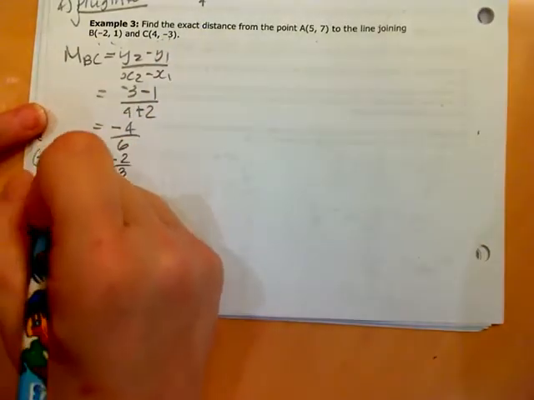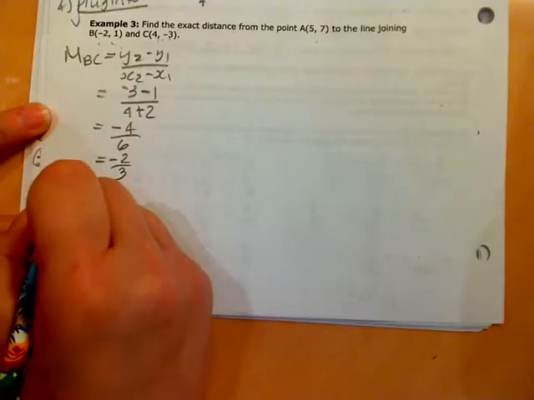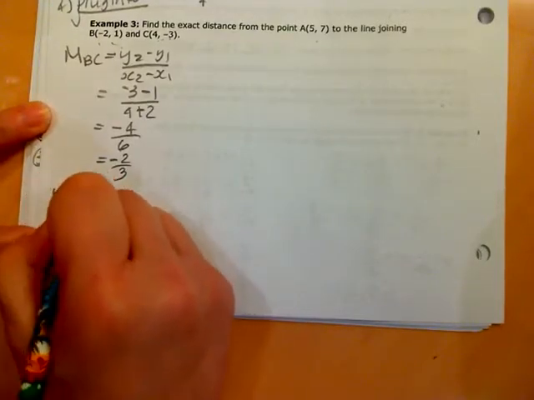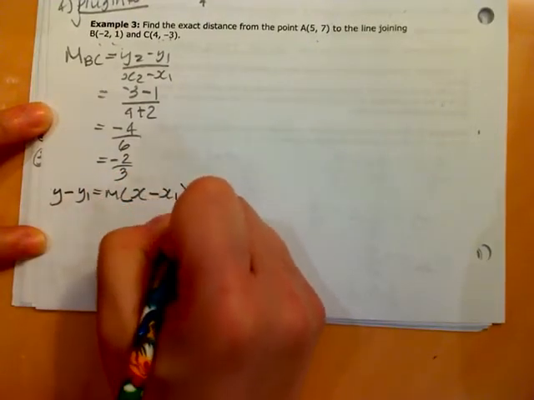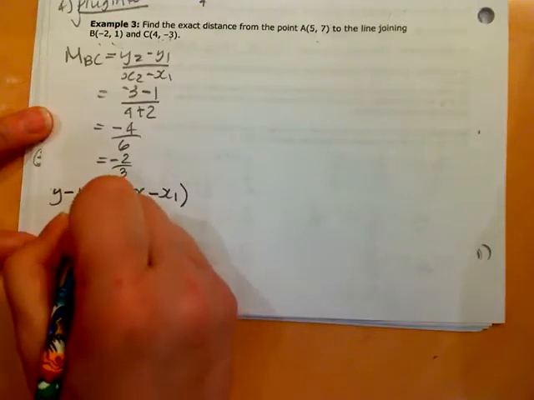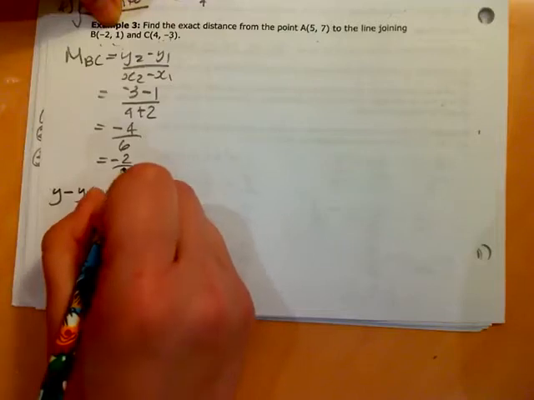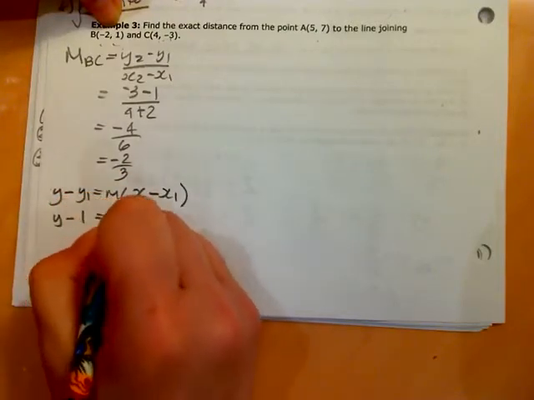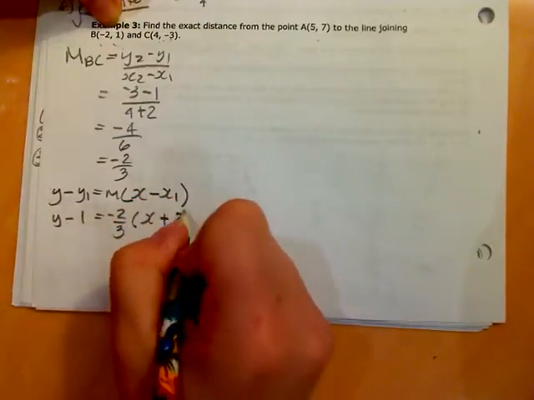So the equation of our line is going to be y minus y1 equals m(x minus x1). I'll use the point negative 2, 1 and this slope. So y minus 1 equals negative 2/3 times x minus minus 2.